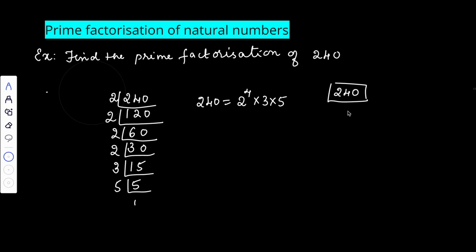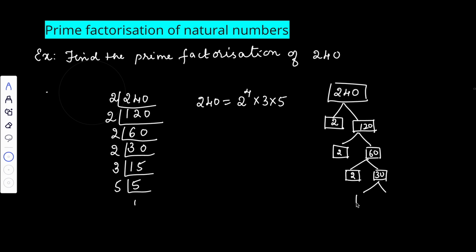Now the same number can be factorized in a tree diagram. Sometimes it is required in board exams. If we divide 240 by 2, we are getting 120. Again divide by 2, 60. 2 thirties are 60, 2 fifteens are 30. 15 if we divide by 3 we are getting 5.